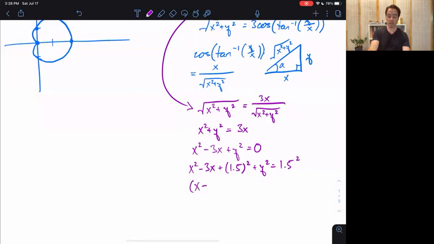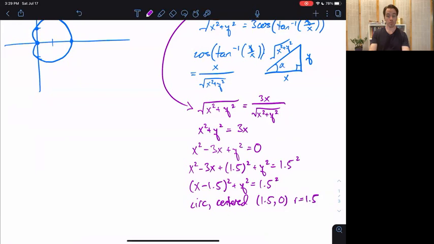This then becomes (x minus 1.5) squared plus y squared equals 1.5 squared. And this is a circle with a center at (1.5, 0) and a radius of 1.5. So this is a circle. It's possible to understand why this is a circle. You don't just have to be told.